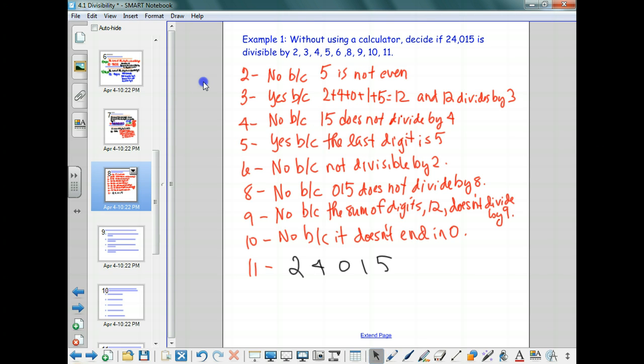What do I do? Okay, so I circle those and I get 7. And then 4 and 1 is 5. And then what do I do? 7 minus 5 is 2. Is 2 divisible by 11? No. So then the original number, 24,015, is not divisible by 11. So this is no.